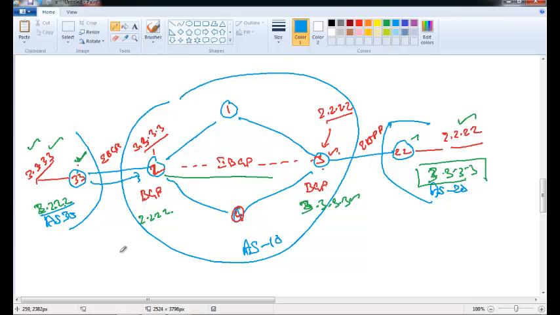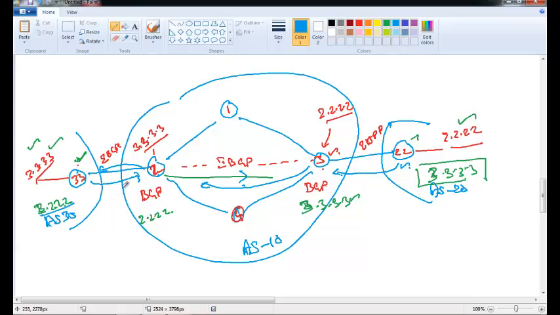Router 2. And router 2 will send the traffic to whom? Router 3. And router 3 will send the traffic to 22. Similarly, to reach 3.3.3.3, 22 needs to forward the packet to router 3. Router 3 will forward it to router 2 and router 2 will forward it to 33.